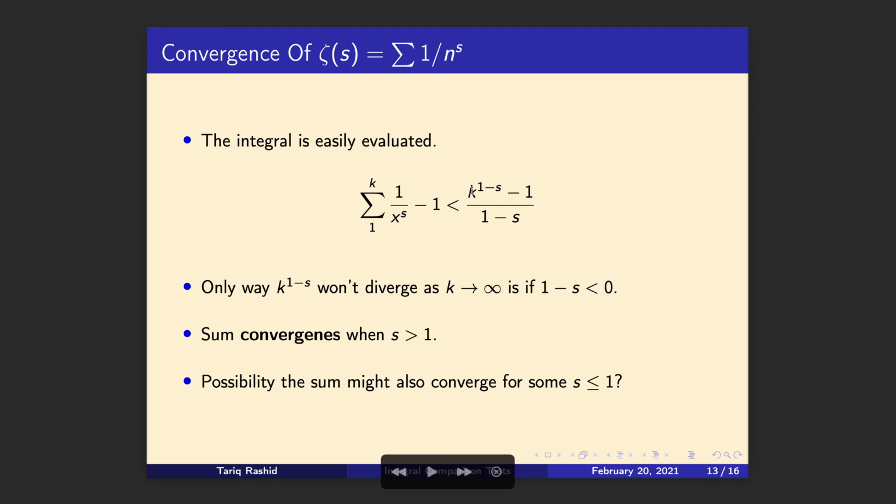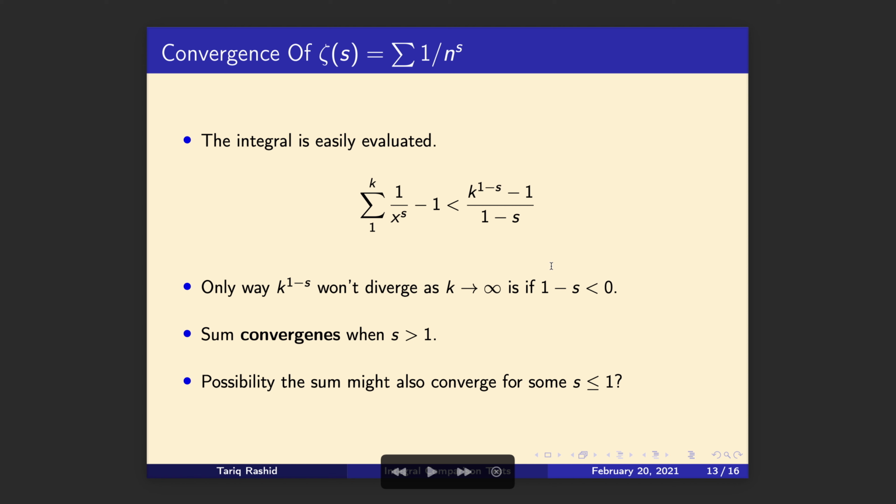Now let's look at that more closely. So the first thing we can see is that s can't be 1, and we already know this. It's the harmonic series which diverges. But more interestingly, if we look at the top of the fraction, as k gets larger and larger towards infinity, remember the upper end of that range that we were looking at, the area under the curve from 1 to k.